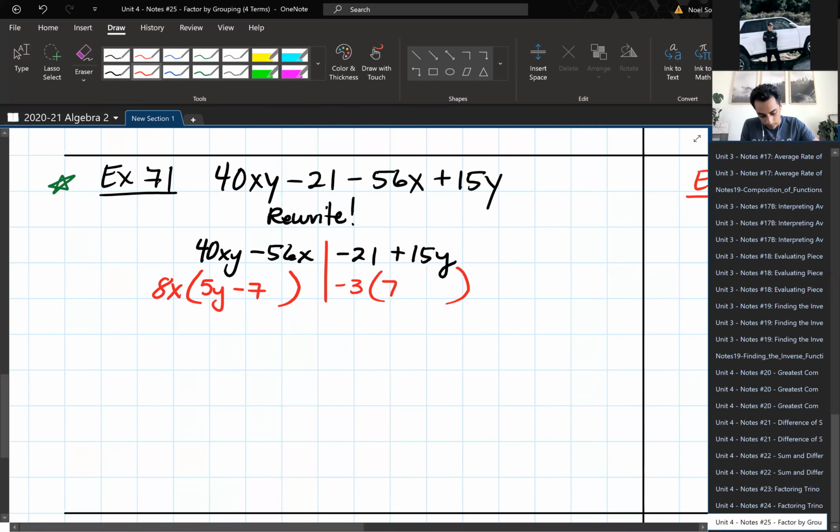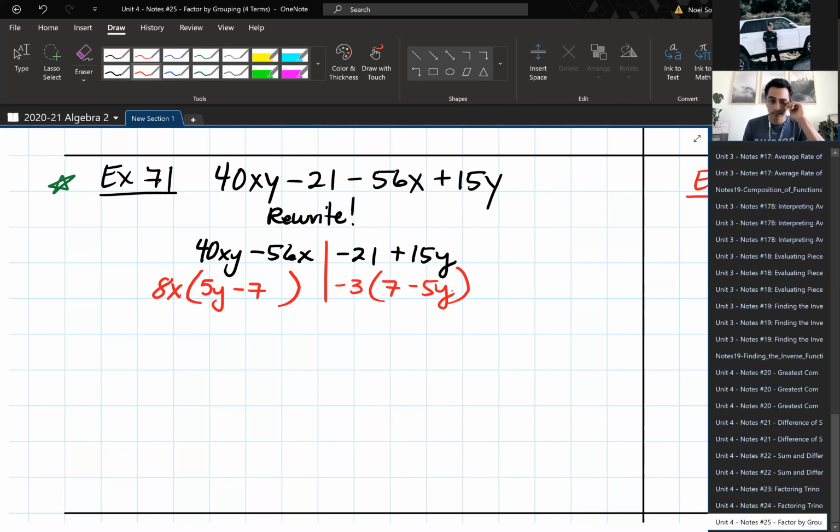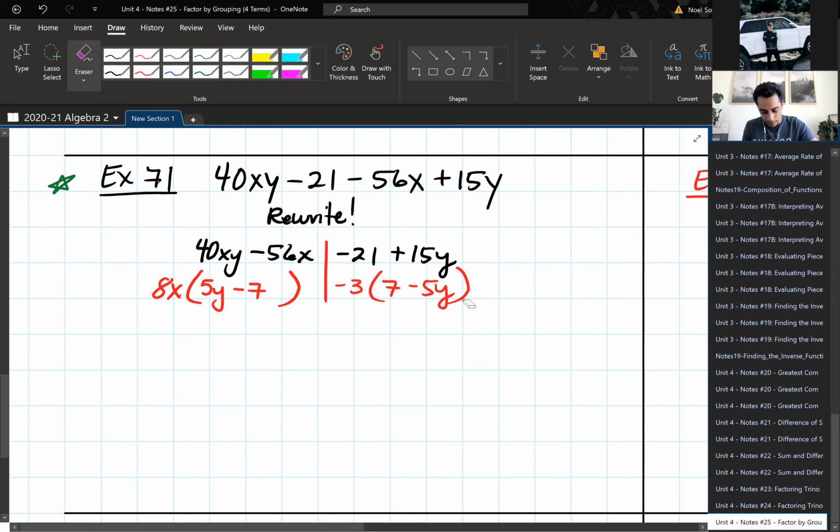Okay, 7 minus 5y. Now what's the problem here? Is 5y minus 7 the same as 7 minus 5y? They're not the same. Is there something we could do to fix that?